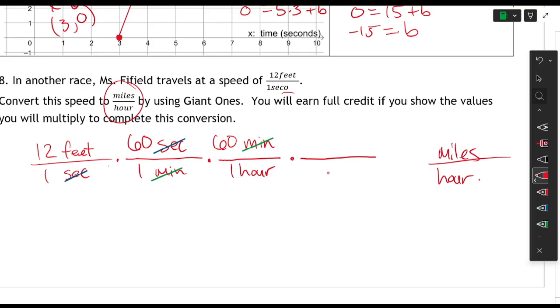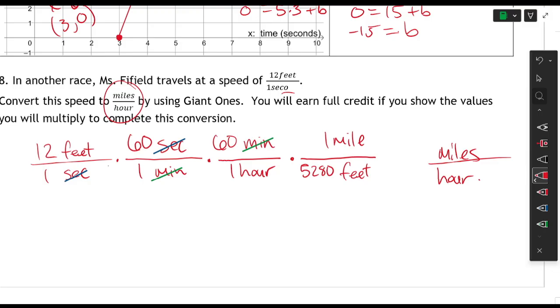I've got feet in the numerator right now, and if I want them to cancel, I need to place feet in my denominator. So I'm going to place feet in the denominator, and 1 mile in the numerator. 5,280 feet in 1 mile.